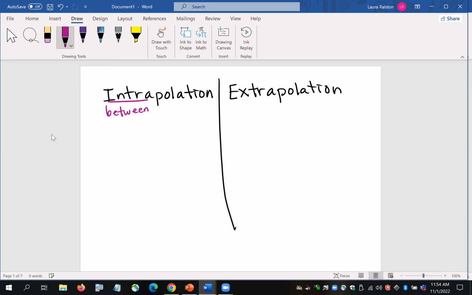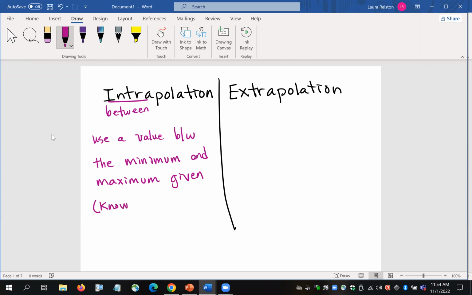Okay, so interpolation means that we're going to use a value between the minimum and maximum given or known values.